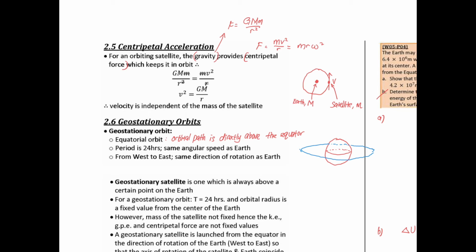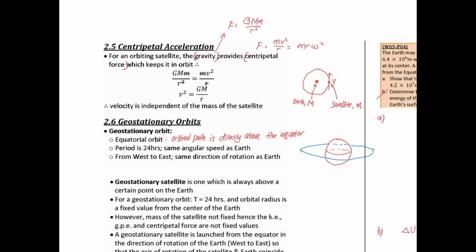Let's say our TV company, Astro, is launching a satellite. Of course, the purpose is to serve the country, to provide the TV signal to Malaysians, so that they can watch TV from Astro straight away.